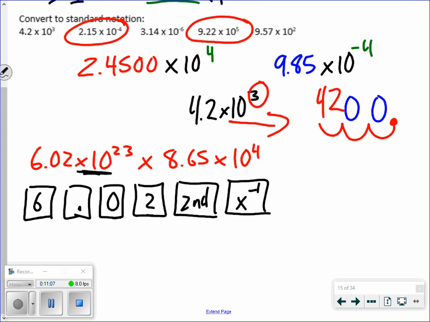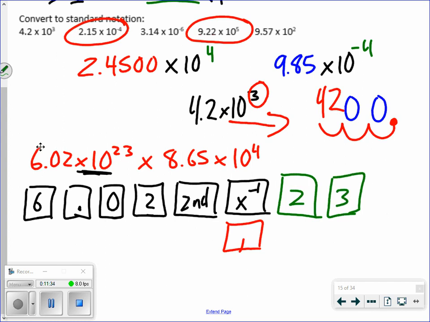Regardless, over that button you should see EE. Does everybody see EE somewhere? Once you hit that, that takes care of times 10. Then the only thing left is to put in the 23. Everybody put that in and then hit enter, and it should come up and look just like this.